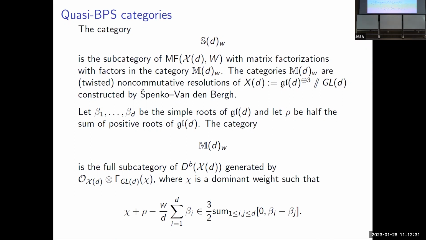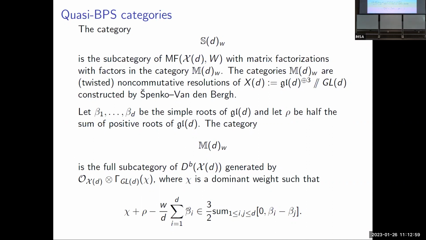So let's take the simple roots of GLD, beta 1 up to beta D, and let rho be half the sum of positive roots of GLD. And this category, MDW, is defined by explicit vector bundles. So it's the structure sheaf of XD tensor an irreducible representation of GLD of highest weight chi. And now chi has to be in a certain polytope.